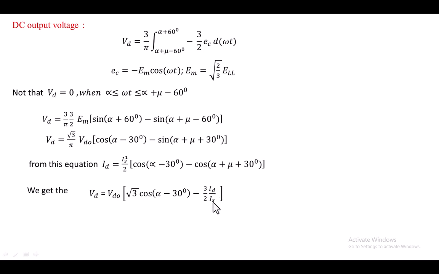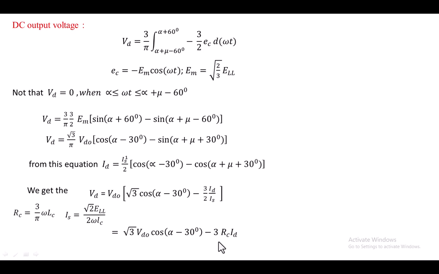We know the value of Is. Substitute that value here and rearrange this equation. We are getting root 3 Vd naught cos of alpha minus 30 minus 3 Rc into Id. This is the expression of the output voltage in case of a Graetz converter where the overlap angle is more than 60 degrees. If we observe this equation, when the overlap angle is less than 60 degrees, here we can find only Rc.